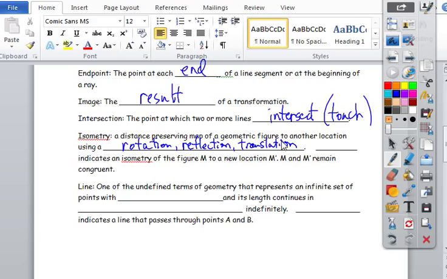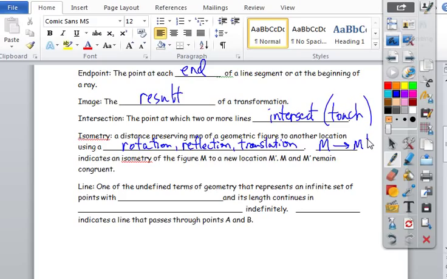And then blank indicates an isometry of the figure M to a new location M prime, it would look like this. They draw an arrow, so what it's saying is M is moving to M prime by whatever you did to it. When it says a distance preserving map, do we understand what that means? It makes it where you don't have to have like a big graph or something. So you just show one picture and then show this.